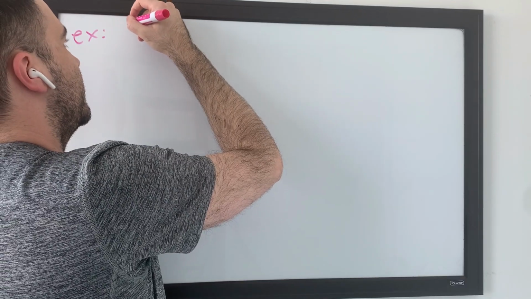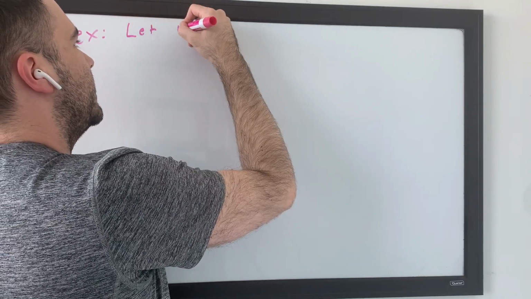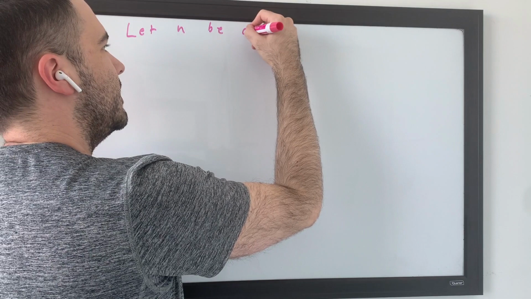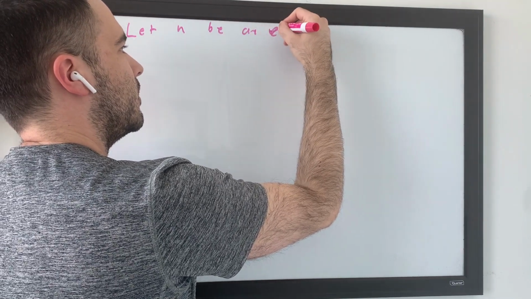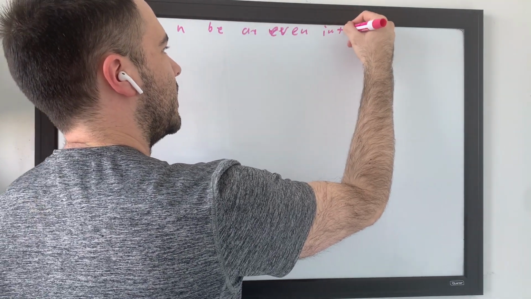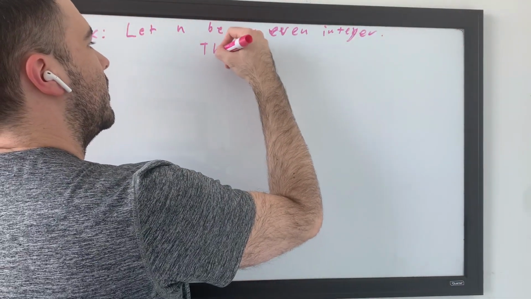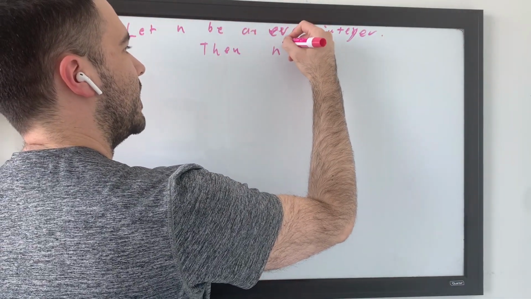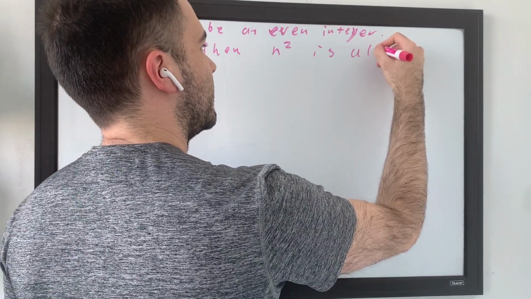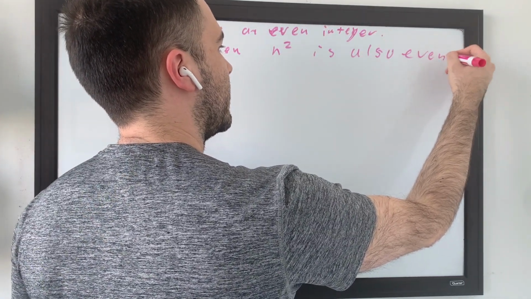So let's say, let n be an even integer. Then n squared is also even.